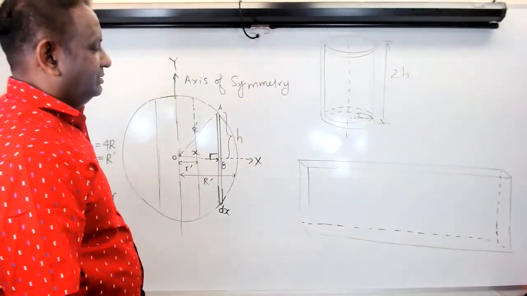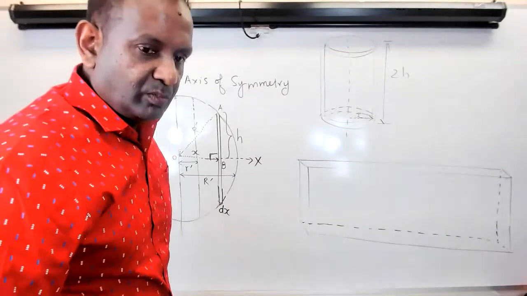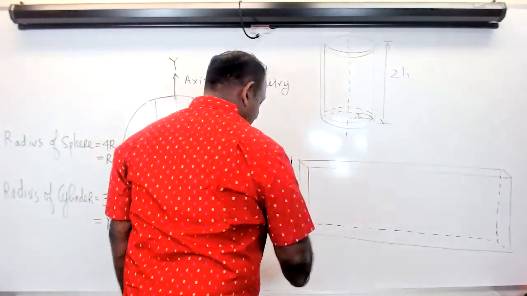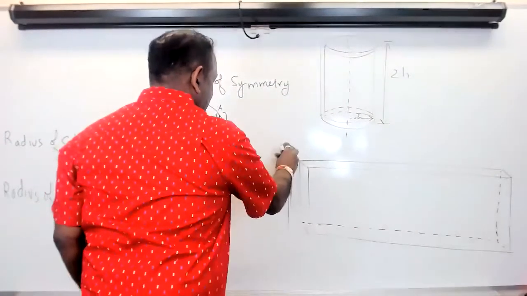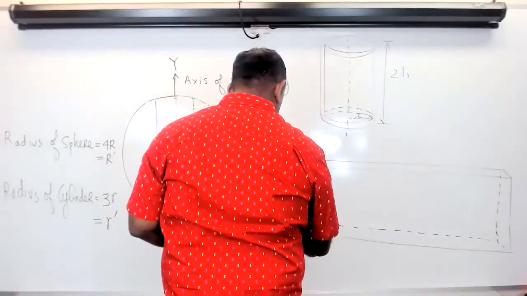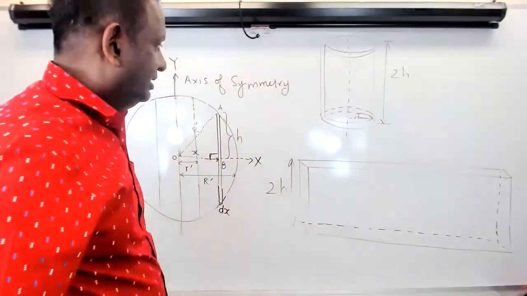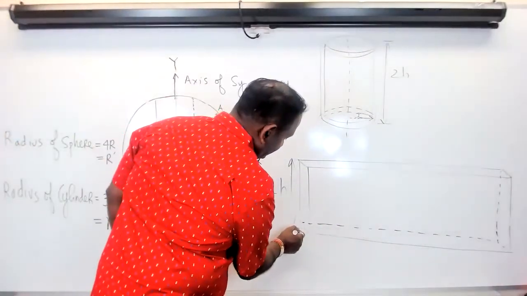The height is still 2h, and the thickness is dx.